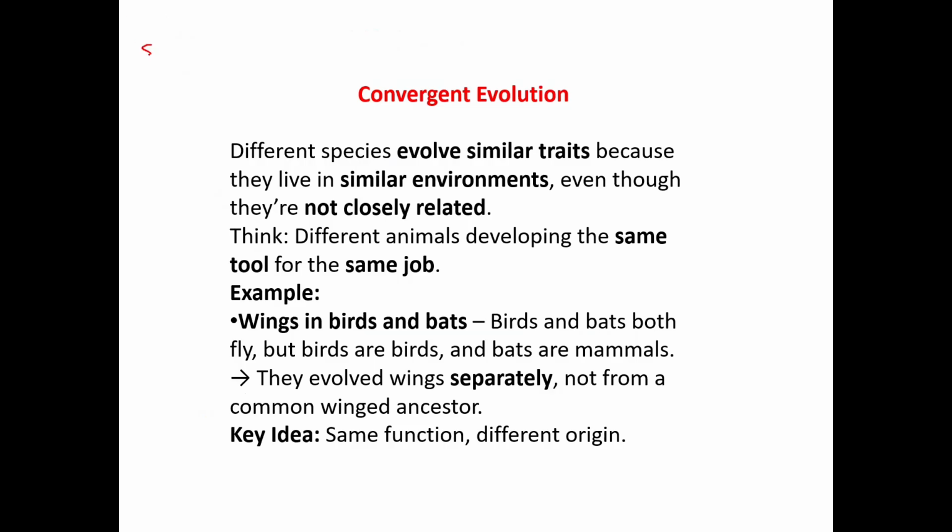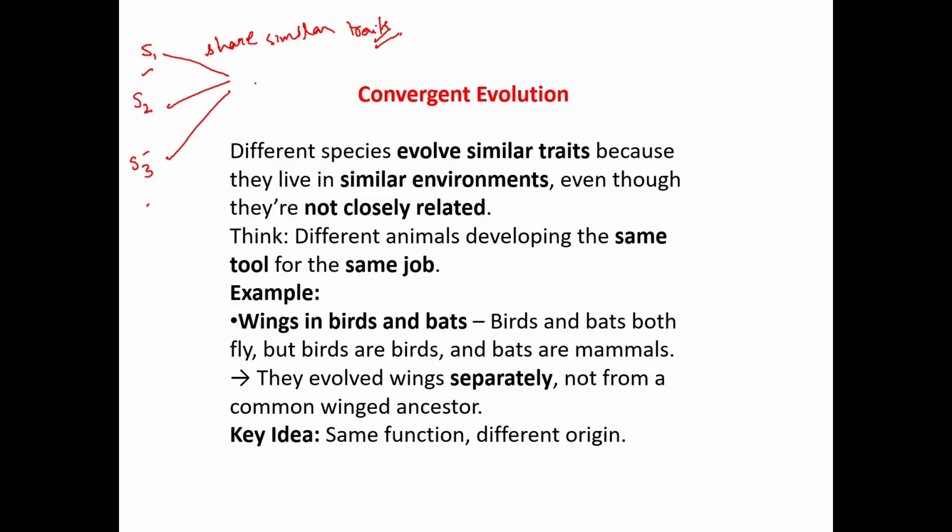So let's assume species 1, species 2, species 3. These are all unrelated organisms but they evolve similar traits because they live in similar environmental conditions. They share similar traits, right?